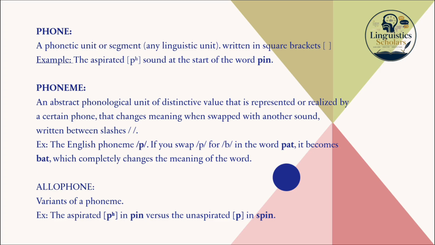A phone is a phonetic unit or a segment. Here, a segment is any linguistic unit written in square brackets. In general, the phone means sound, but we are not referring to any general sounds such as the tick, the sound of a clock, the sound of bikes, and other sounds.